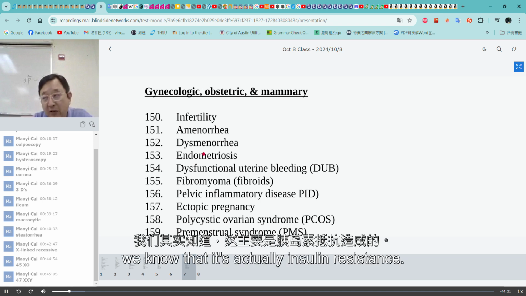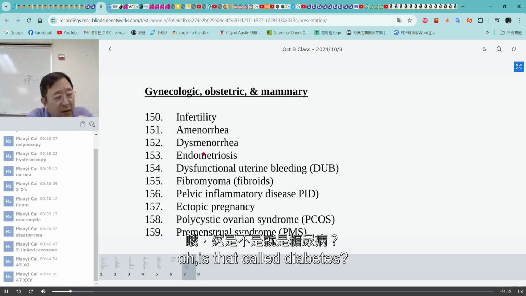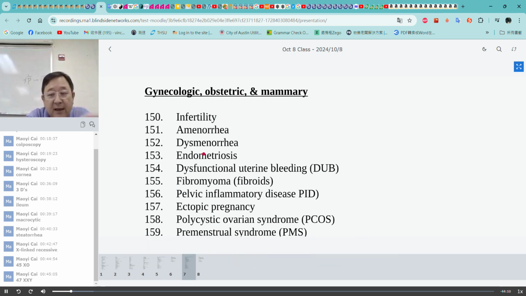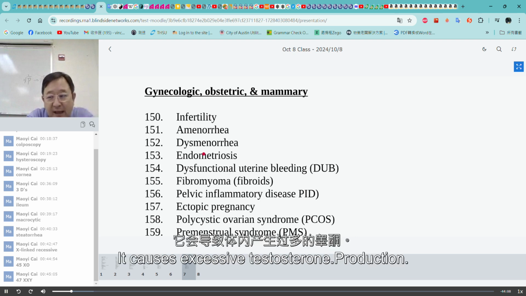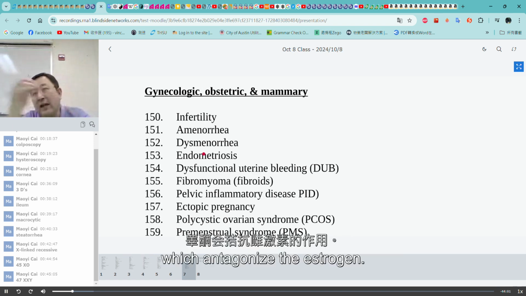And what's behind this? We know that it's actually insulin resistance. People say, is that what causes diabetes? Yes, those people are at risk for type 2 diabetes. And the second is that it causes excessive testosterone production, so a lot of male hormone, which antagonizes the estrogen.